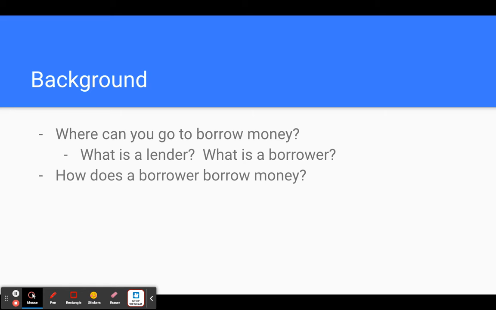But then a bank, you would definitely have to go through an application process. You're going to interview. They want to make sure that you have a steady income so that you can pay back that loan as you go. And then you'd have to go through some paperwork, sign a few papers to agree to the terms of the loan, and then that's when you would get the money.